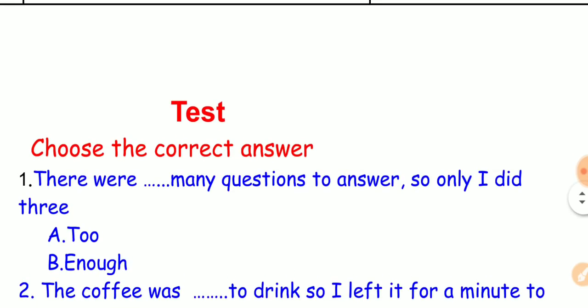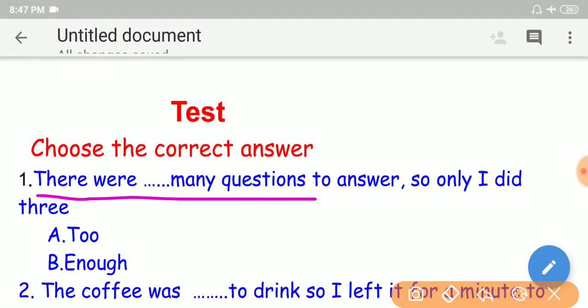Here: there were dash many questions to answer, so I only did 3. There were too many questions to answer, more than necessity, more than the need. So that's why too is used.